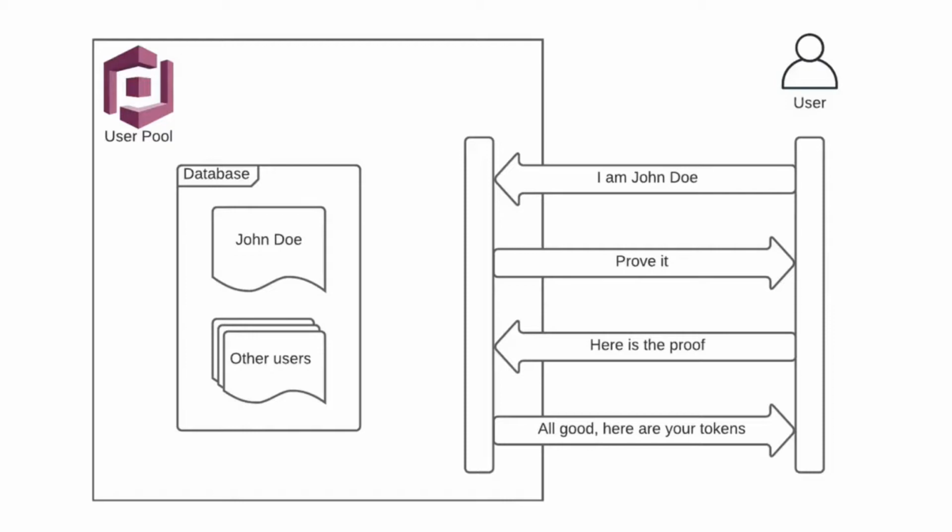An identity provider is any system that can identify a user, not necessarily a human user, but to keep it simple, let's just talk about the human users, and provide details about him or her. It answers one simple question: are you who you say you are? In Cognito, a user pool can confirm who you are in several ways, like checking your username and password or performing a multi-factor authentication.